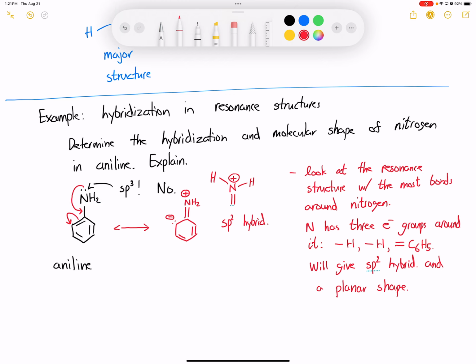So why does it have to be planar to do resonance? How do double bonds interact with each other? Through which orbital? The p orbitals, right? So a good way to realize how these electrons are moving is if you just draw a skeleton here. Okay, so let's just draw the skeleton of the NH2 group. All right, and let's draw the ring structure here.